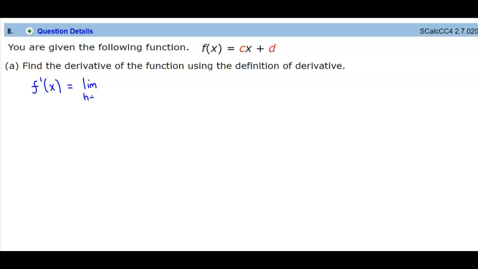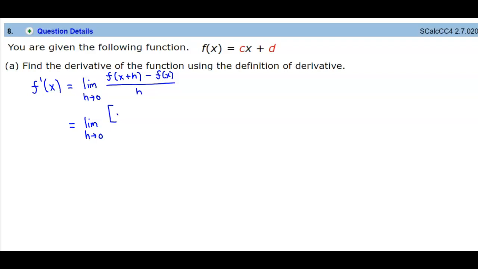as h approaches 0 of f of x plus h minus f of x divided by h. So we're going to find a limit of that function, so we're going to get the limit as h approaches 0, and so x plus h is going to be the input now on that function.